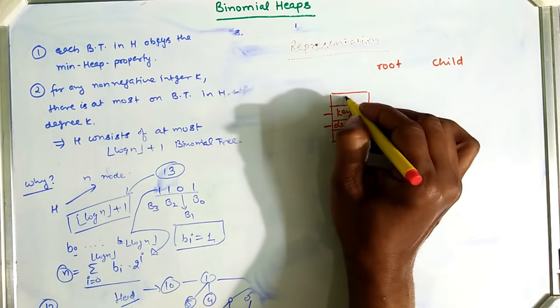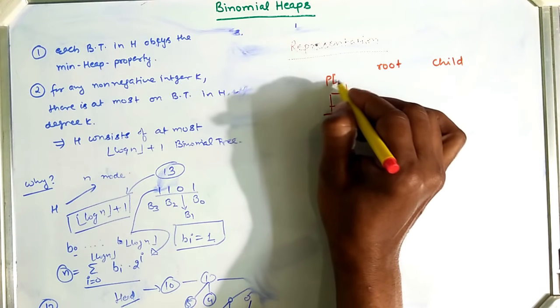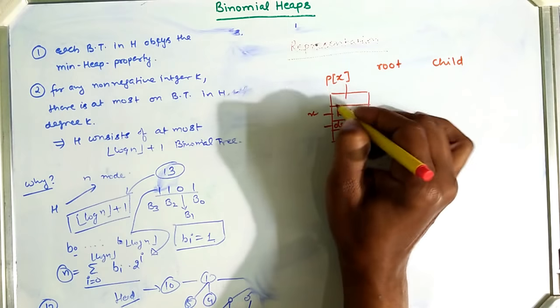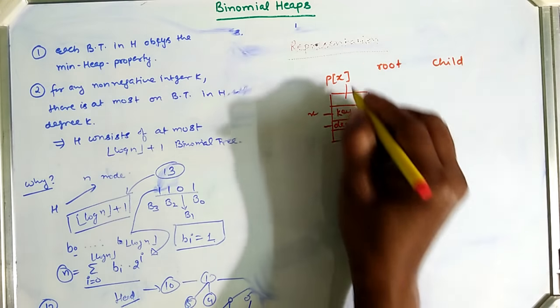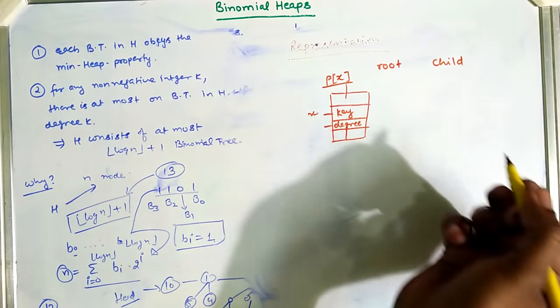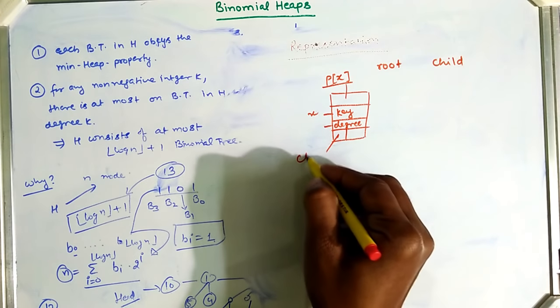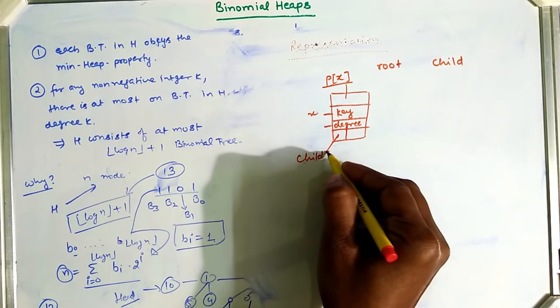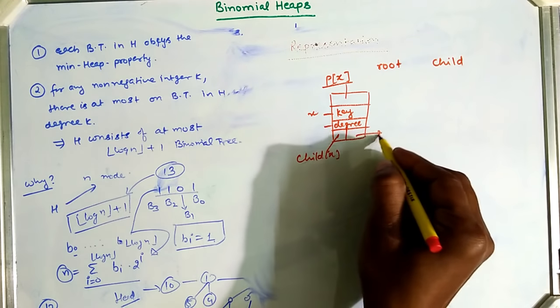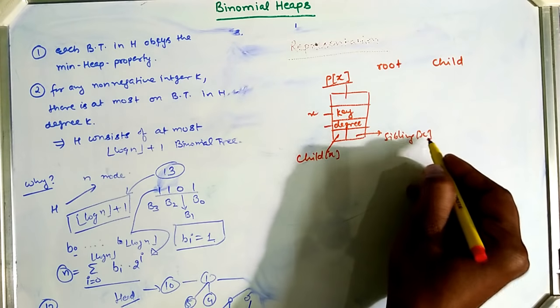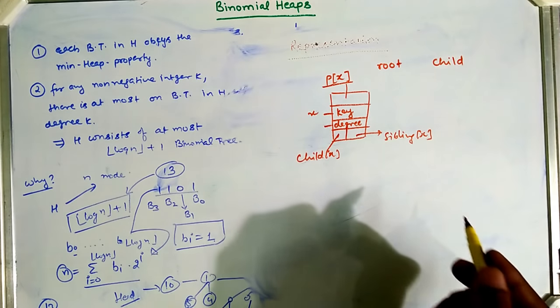Then there is a pointer, parent of x, which points to the parent of this node. Another pointer is child of x, the leftmost child of x, and the other pointer is sibling of x, which points to the sibling of this node x.